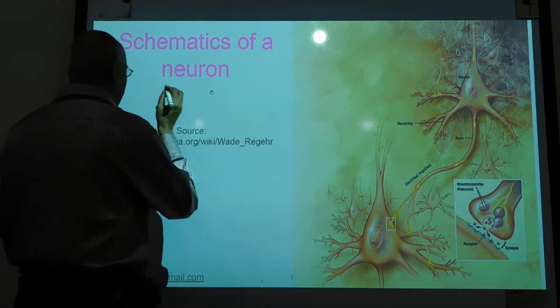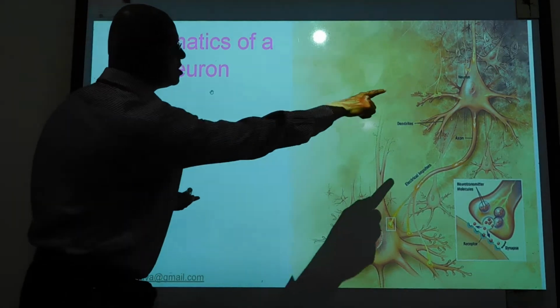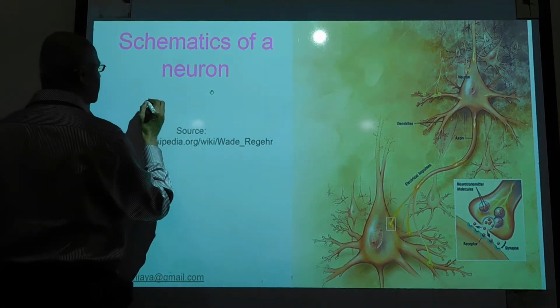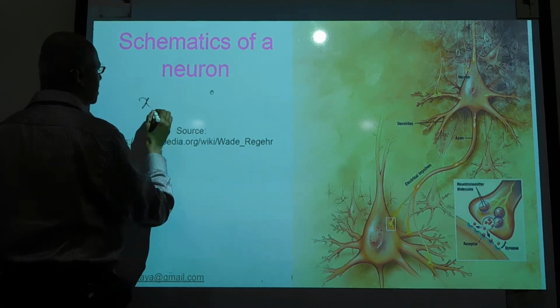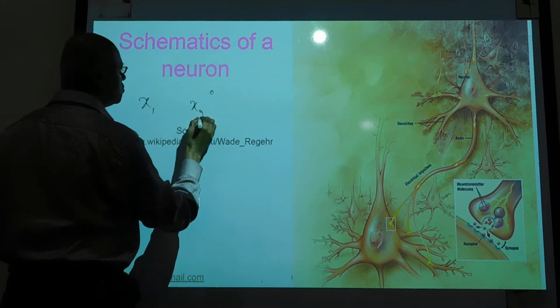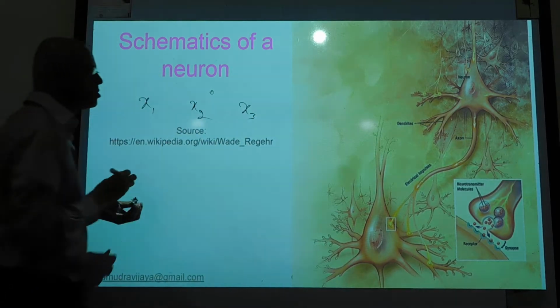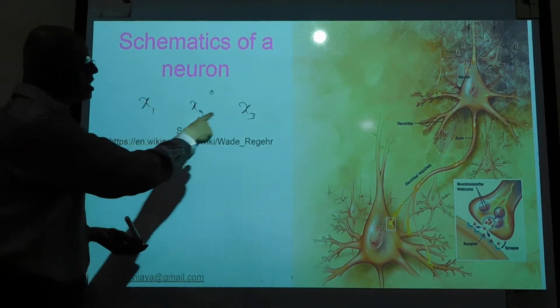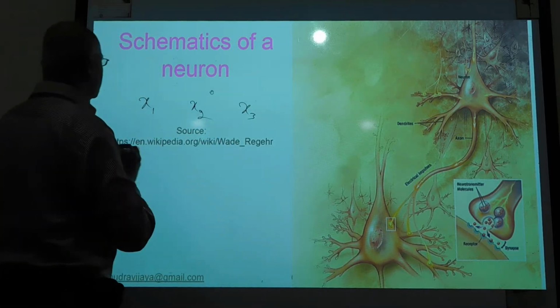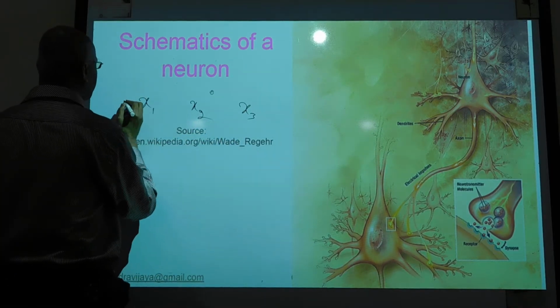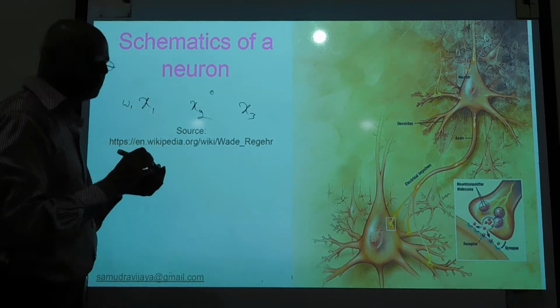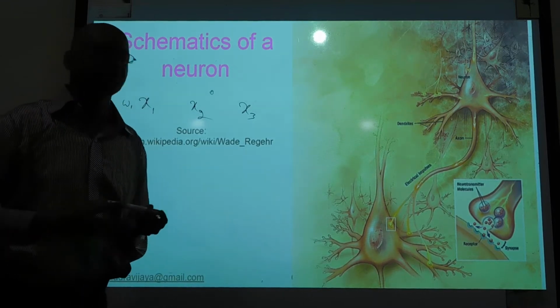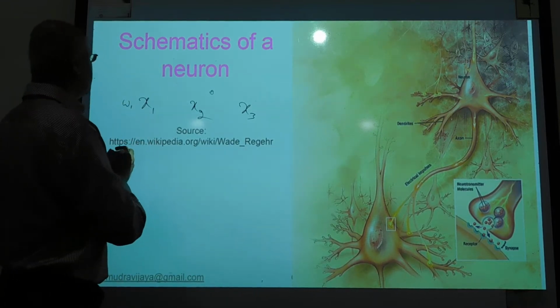So the mathematical approximation of the human neuron is that there are some inputs, let's say x1, x2, x3, let's say there are 3 inputs. You make a linear combination of these inputs, which means that you multiply x1 by a real number, which could be positive or negative, which you call a weight.